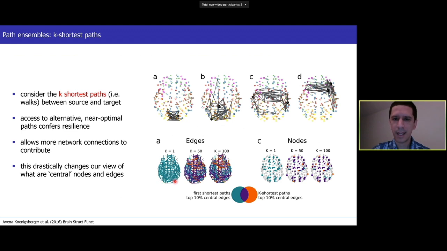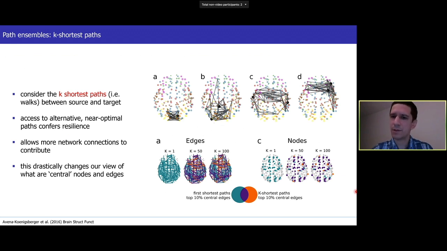The connections and areas that are shown in green or teal are those that are important just for K1, and the ones that are shown in orange are the ones that are most central for K50 and K100. What you can see is that the actual connections and the actual areas that start to pop out are very different when you start to broaden your horizons and start to consider these near optimal shortest paths.